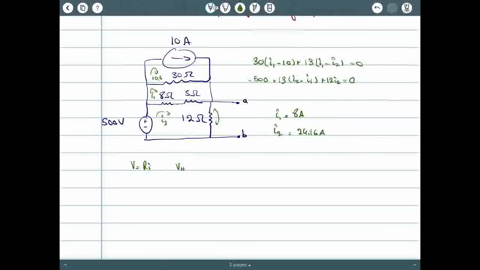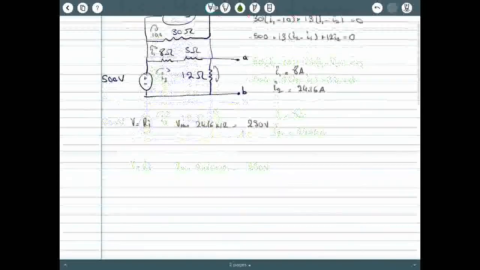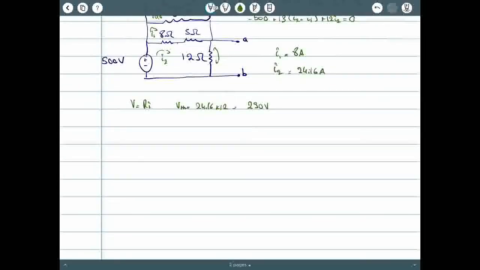So we get V Thèvenin is equal to 24.16 times 12, that's equal to 290 volts. Now that's V Thèvenin.